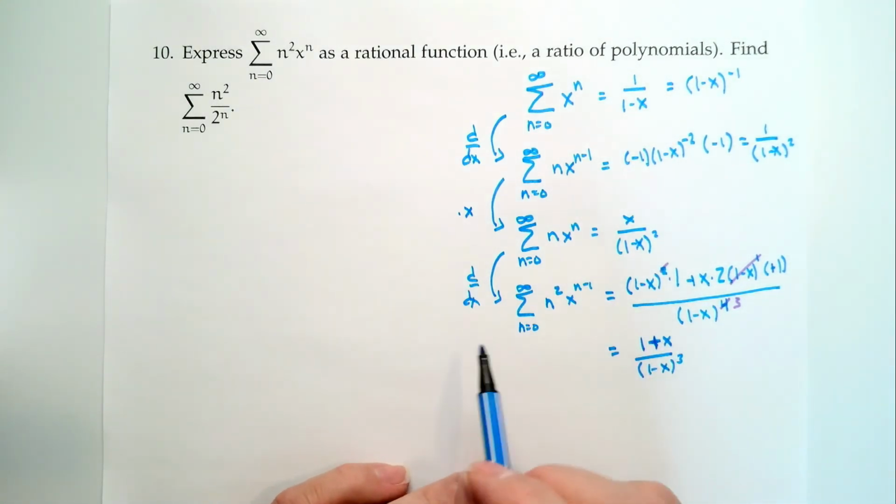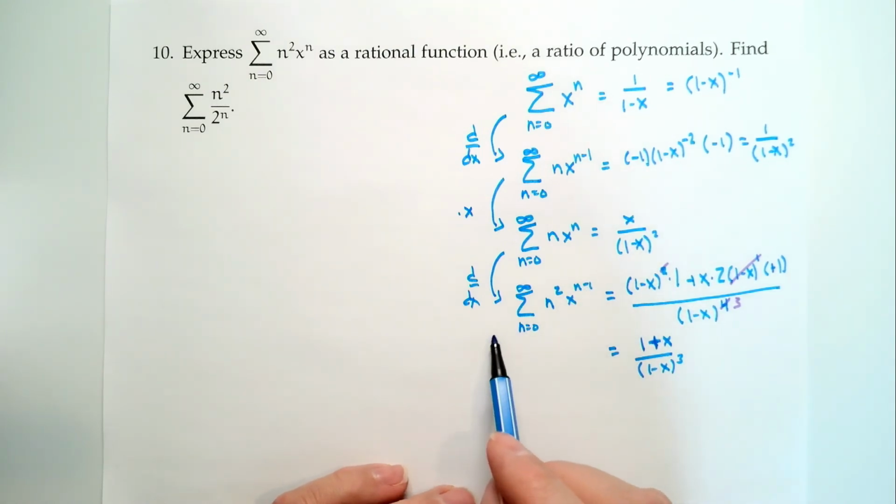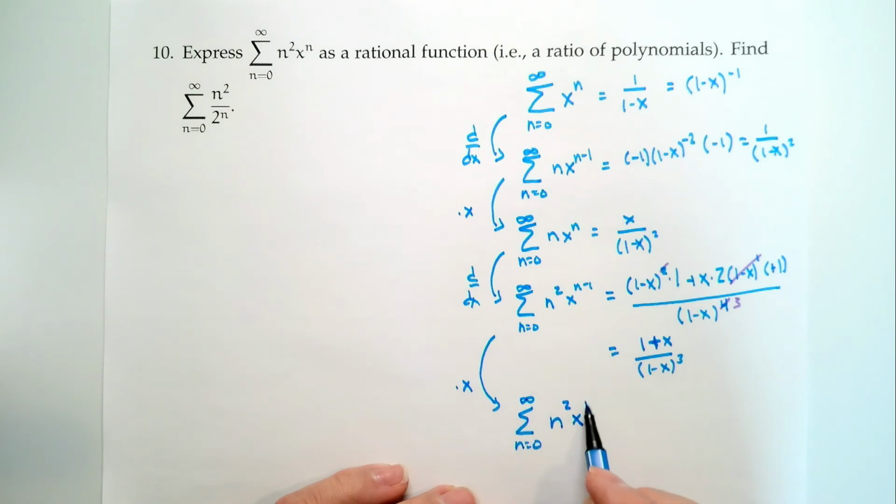But we're not done yet because we really want to get that to x to the n. So one more step. Again, same as before, times by x. So we get the sum 0 to infinity of n squared x to the n is equal to, times by x on this side, x plus x squared, divided by 1 minus x cubed.